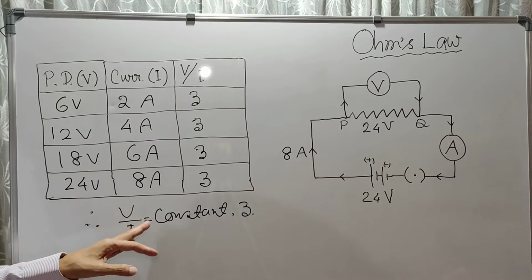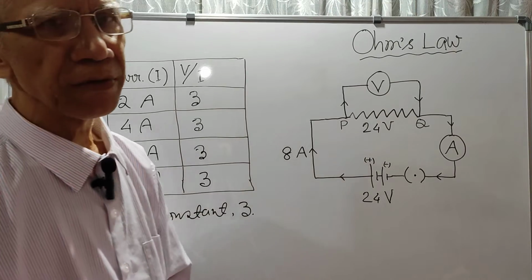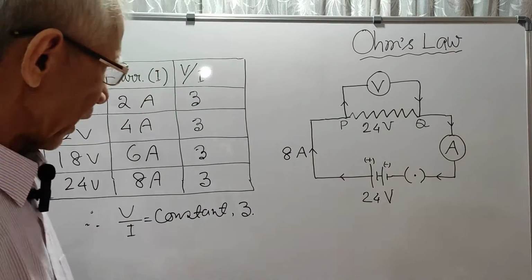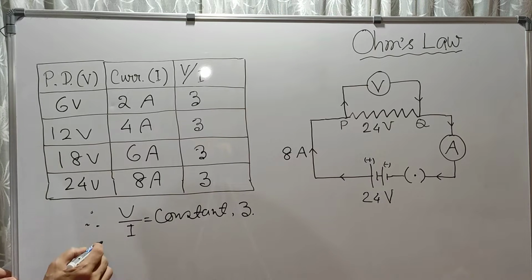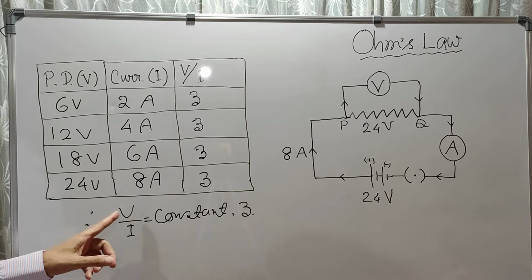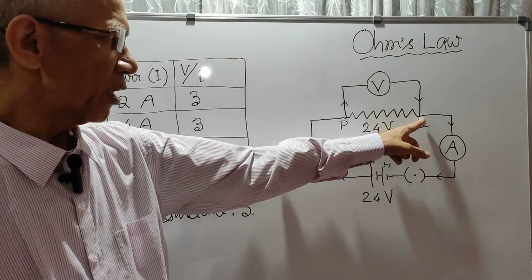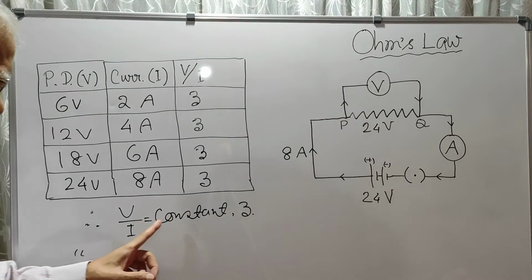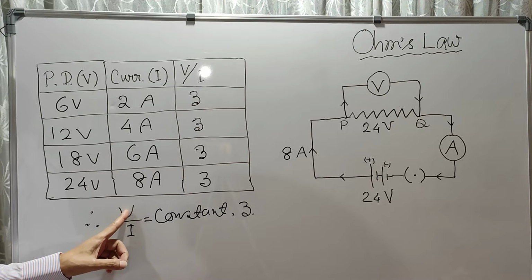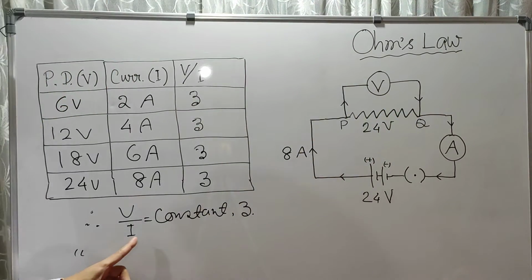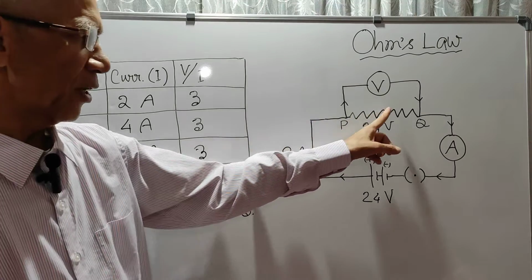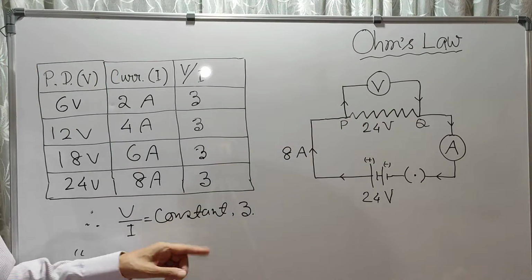And from this result, now we can give the statement of Ohm's law. The ratio of the potential difference between the two terminals of a resistor to the current flowing through the resistor is always constant.